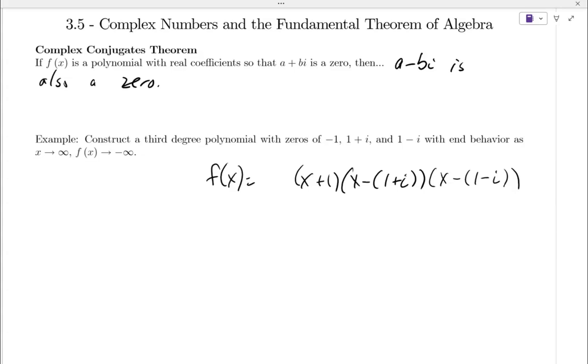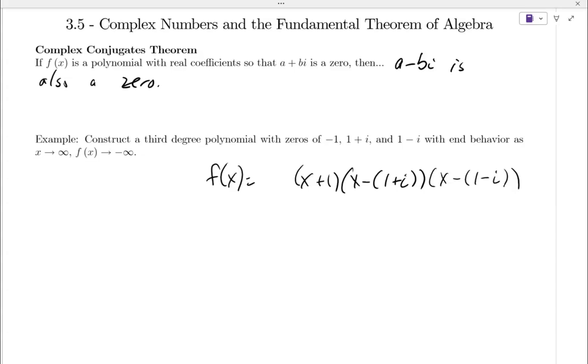The last part, though, is what we need to do to make sure the end behavior is correct. This is a good review for the exam. Since the degree is 3, do both tails point the same direction or opposite directions? Opposite. So if the leading coefficient is positive, you go from lower left to upper right. Is that what this is asking for, or is it upper left to lower right?